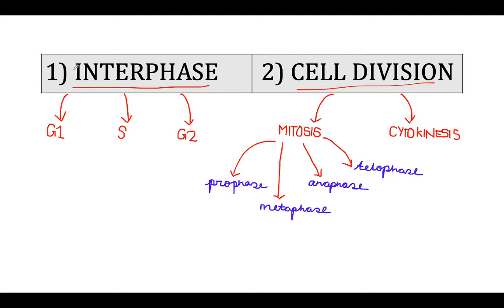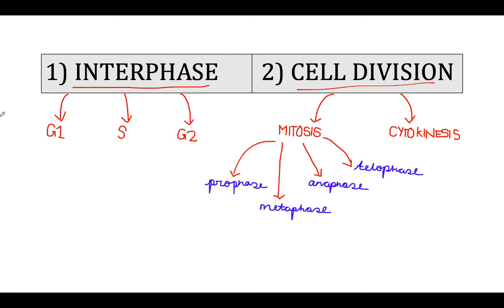Within interphase, you have G1, you've got the S phase, and you've got G2 phase. At the end of the G2 phase, we're officially into what we call cell division. Cell division can then be separated into mitosis and cytokinesis. So mitosis is our first part of cell division, and then that is further divided into prophase, metaphase, anaphase, telophase, and then we get into cytokinesis.